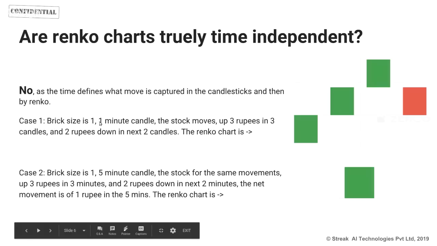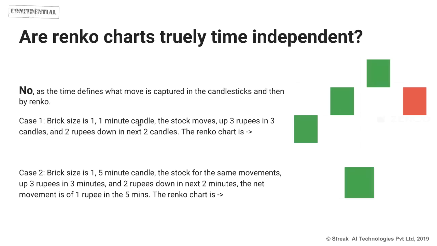If you choose a 1 minute candle interval with a brick size of 1 for any stock, let's say a stock XYZ, and the stock moves up 3 rupees in 3 minutes, basically 1 rupee every minute it is going up, and then in the next 2 minutes it keeps falling, 1 rupee down, 1 rupee down, okay?